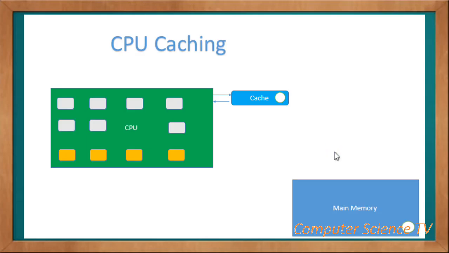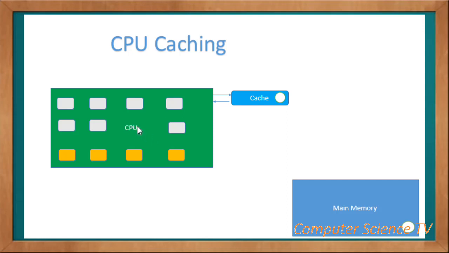First, it's important to understand what a cache is. If we're talking about a CPU cache specifically, we mean a hardware cache that is used by the central processing unit of a computer to reduce the cost of data access from the main memory. So if this is the main memory, this is our cache, then this is the CPU.